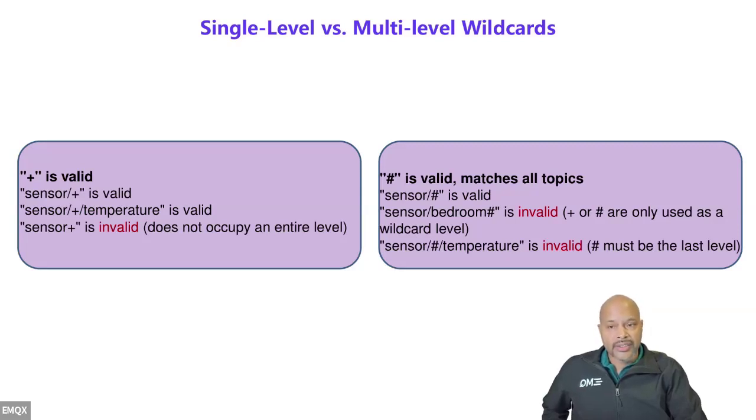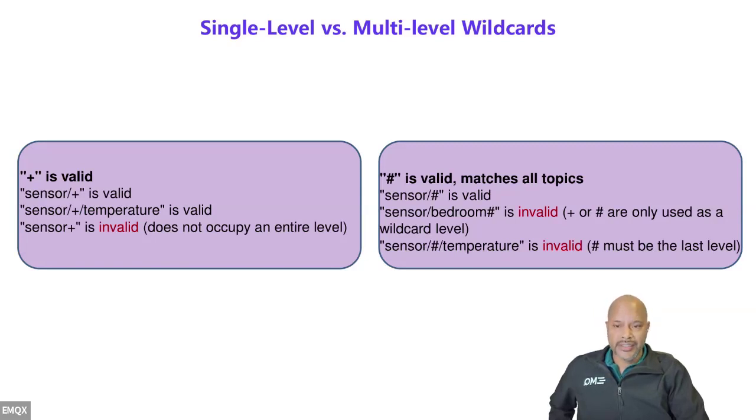Sensor slash plus is valid, right? And that would subscribe to everything within level 2 as a wildcard. So sensor slash plus slash temperature is valid, and that would return every sensor's temperature essentially.